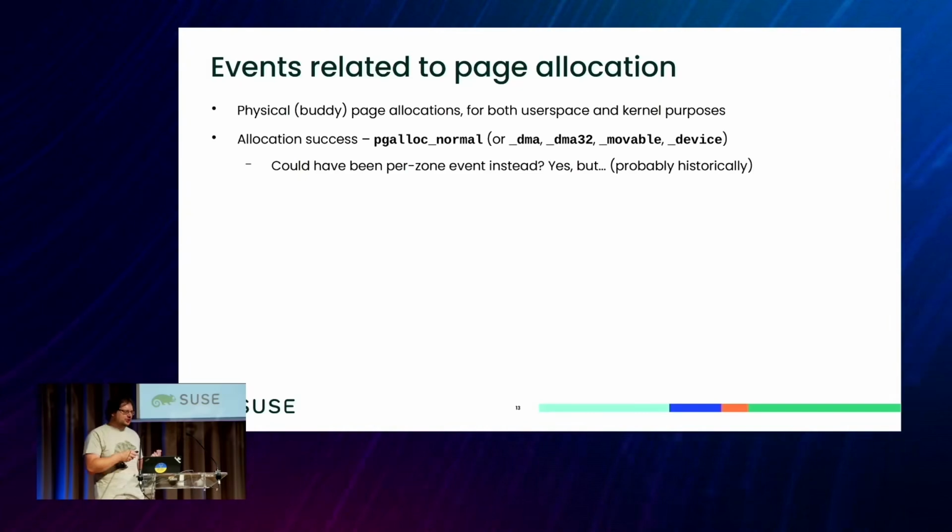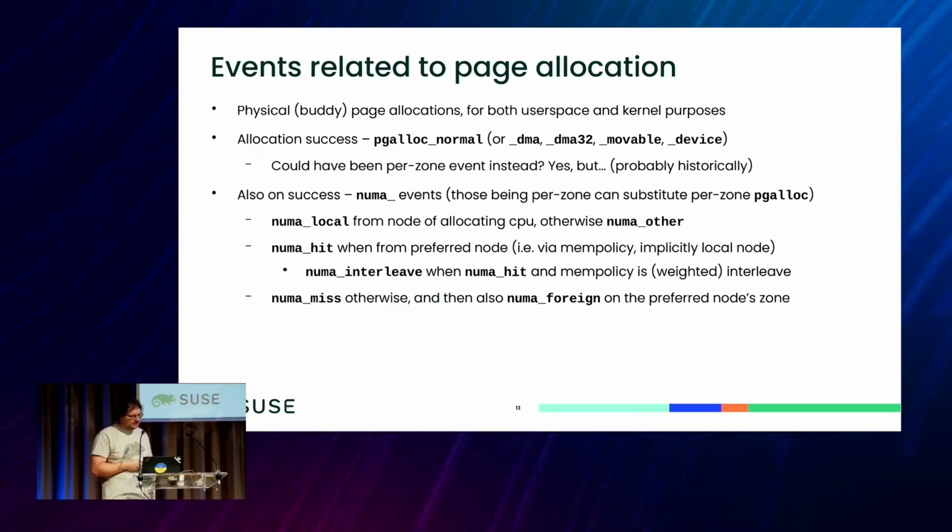And strangely enough, we do distinguish the zone here, but these are global counters that distinguish the zone differently. They could probably have been per zone counters, but I think for some historical reasons it's like that.